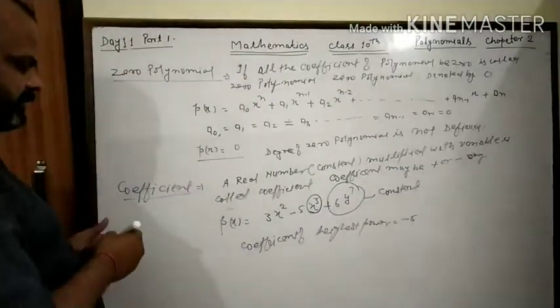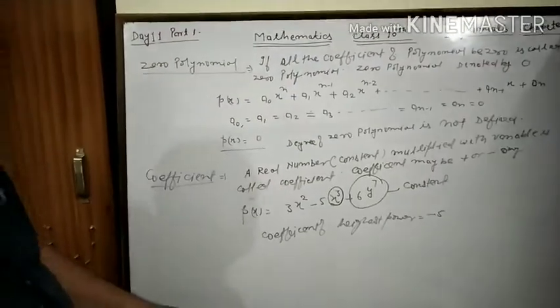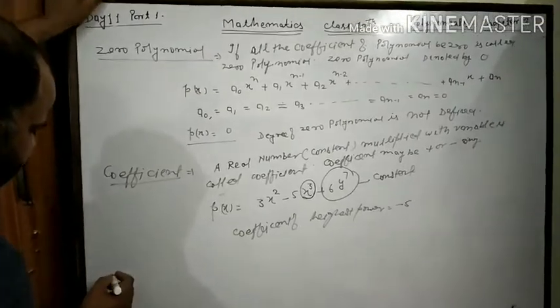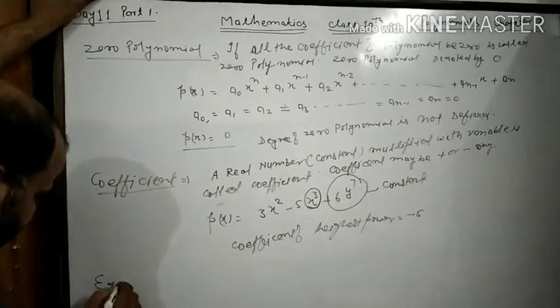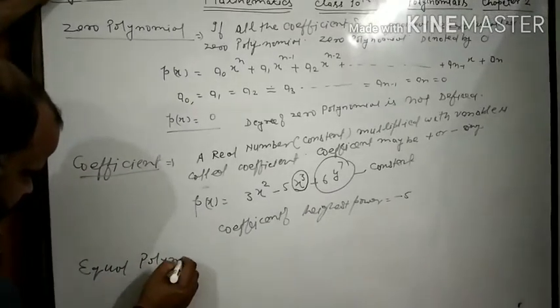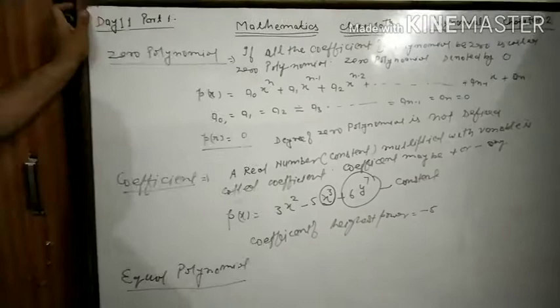Then after we define the coefficient, we define equal polynomials. Suppose you have two polynomials.